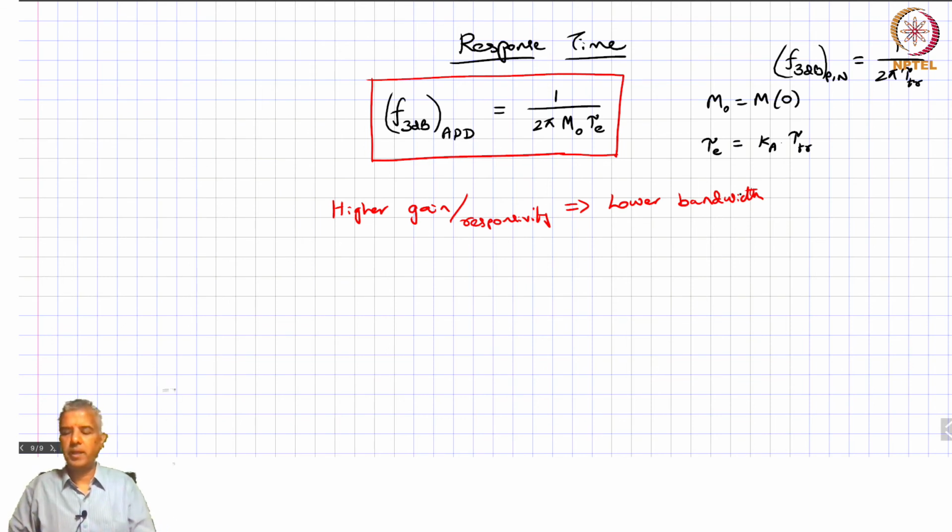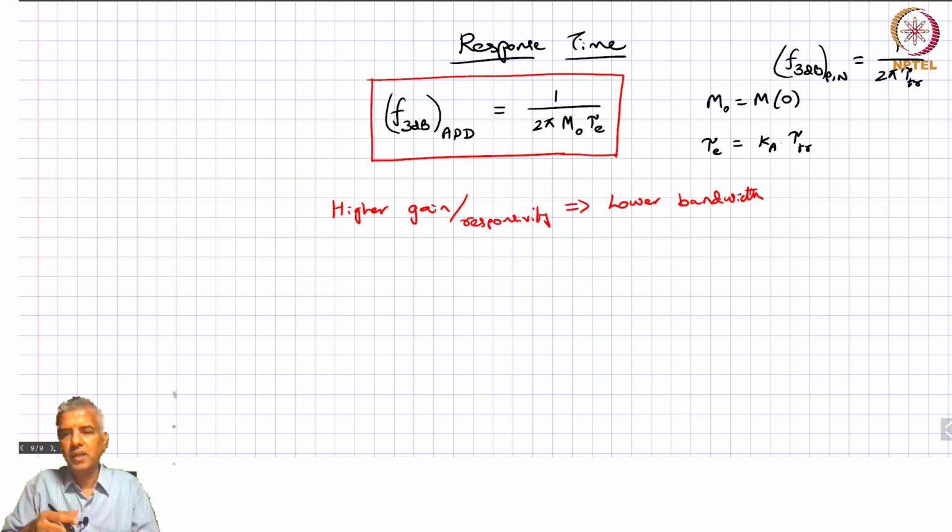So higher gain corresponds to lower bandwidth, or in other words, if you want to achieve higher bandwidth, you will have to do that at the expense of dealing with lower gain value.